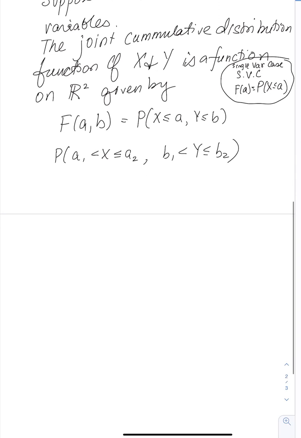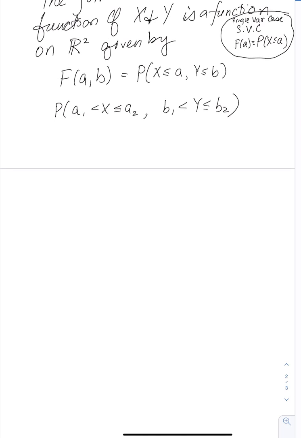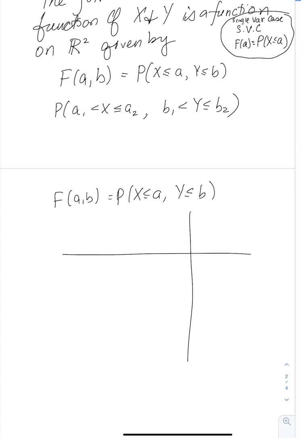Well, there's a whole detailed proof given in the book, but I think it's easiest to look at this in terms of pictures. So first let's just talk about what is F of (a, b). This is the probability X less than or equal to a, Y less than or equal to b. Let's suppose you draw the line little x equals a on R2 and you draw the line little y equals b on R2.